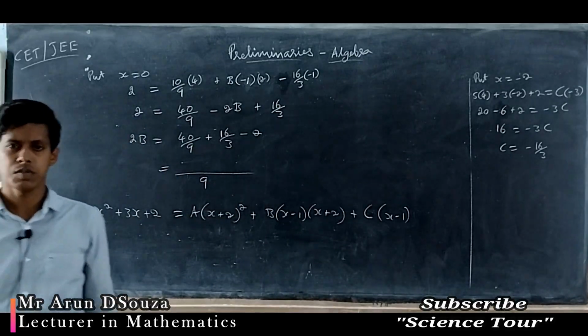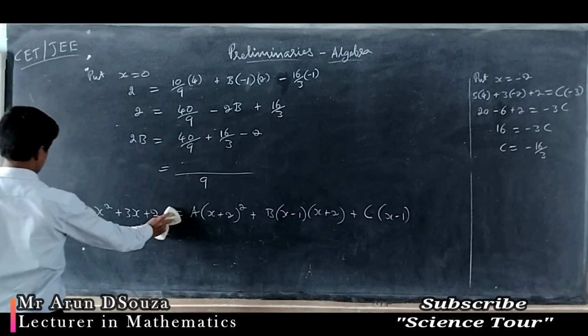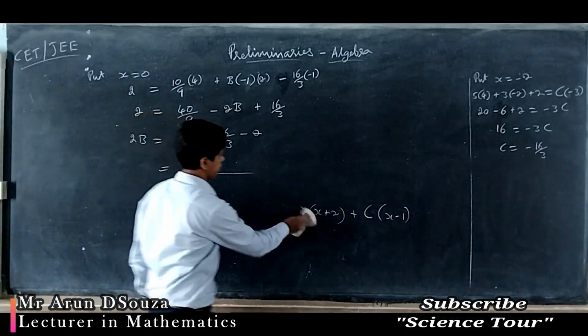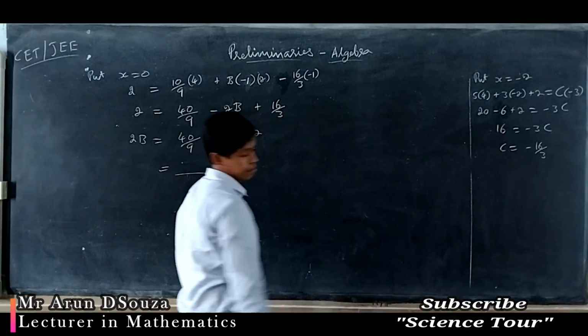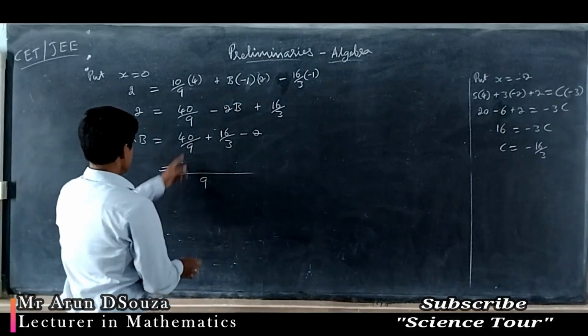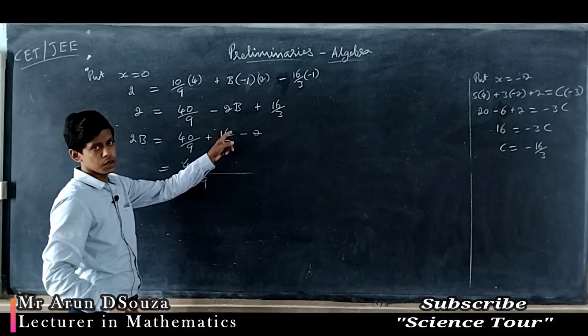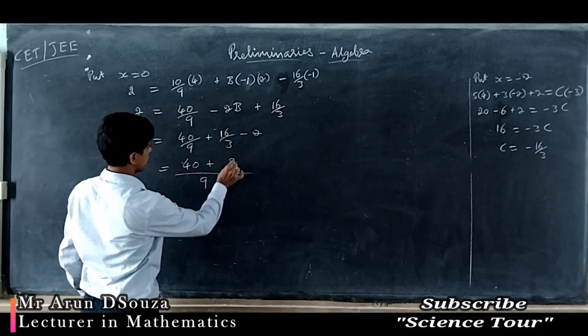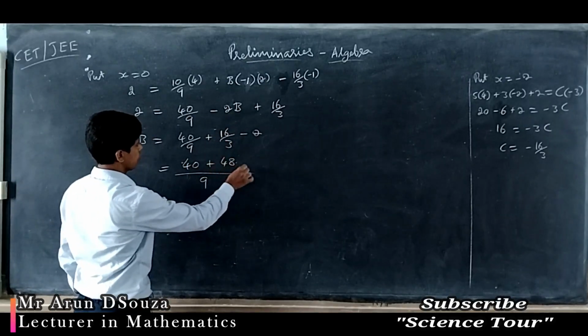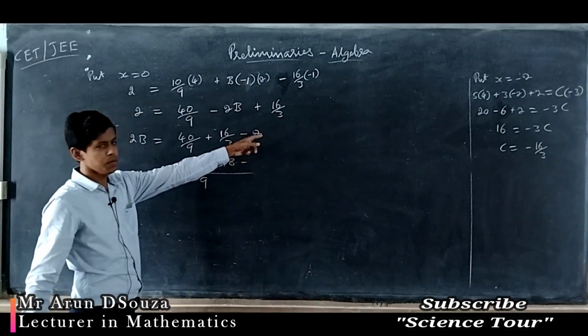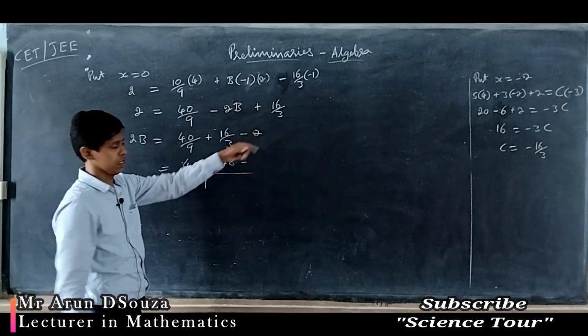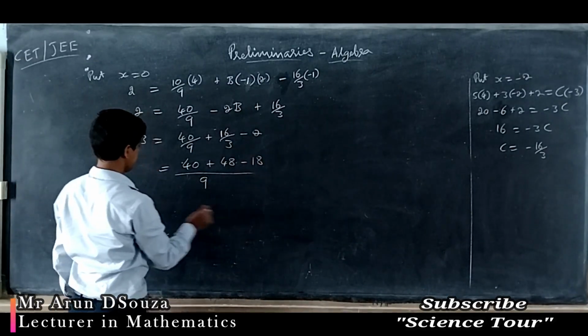Okay, so when you take the LCM 9, what's happening here? This will be 40, multiply 3 here, correct? So that is 48, minus multiply 9 here, that will be 18.